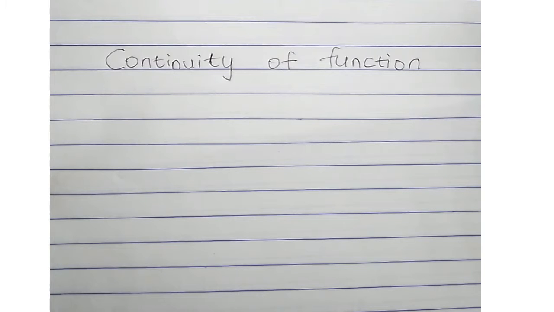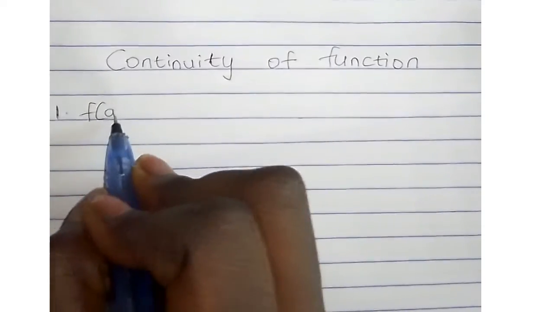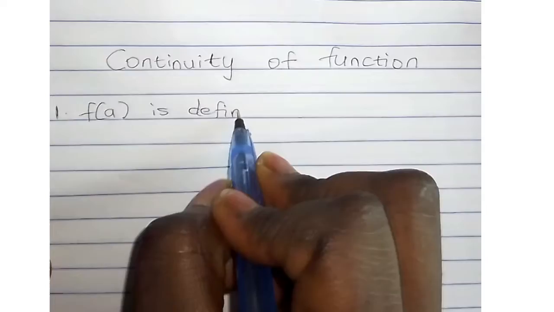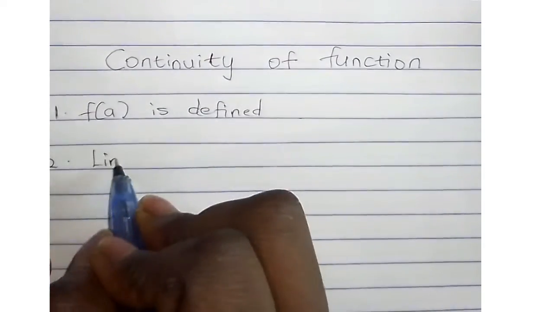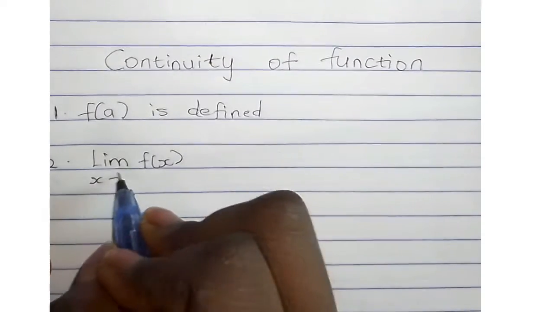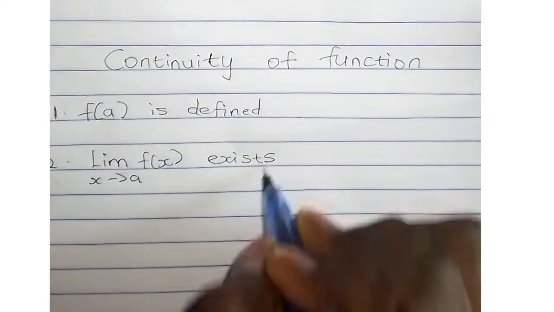The first condition is f of A is defined. The second condition, the limit of f of x as x approaches A must exist.